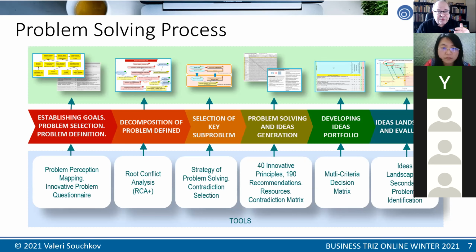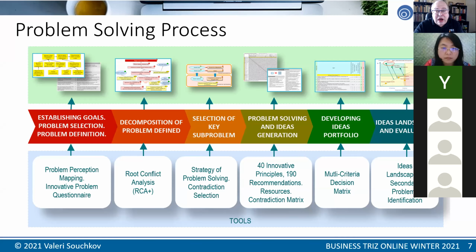If you're talking about the 40 inventive principles, the current system which we have is not a copy of the technical 40 principles. It is written in business language, and it contains more recommendations, about 190 recommendations, in the whole system of 40 inventive principles. So basically, you can say we have 190 inventive principles.